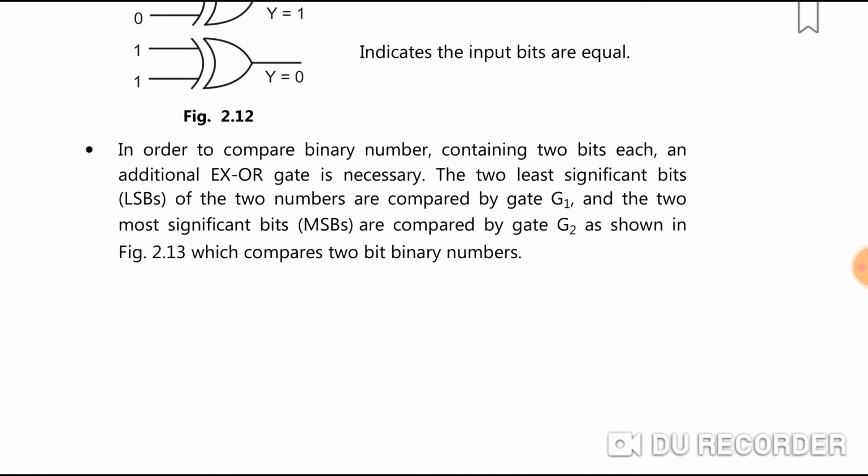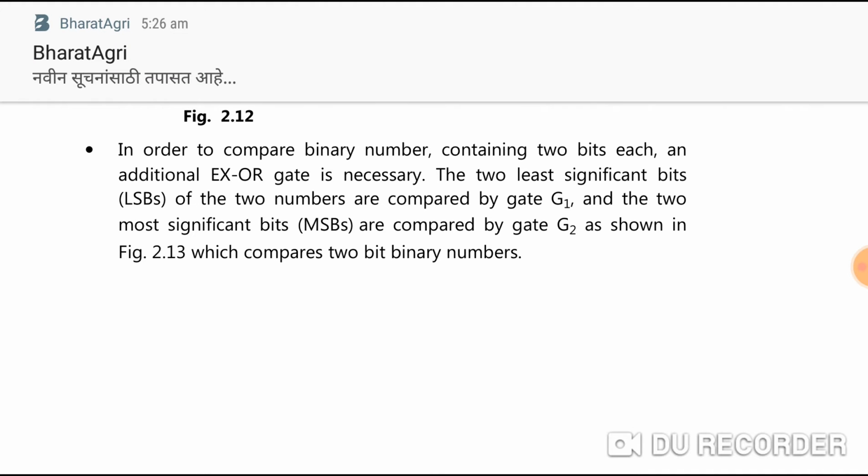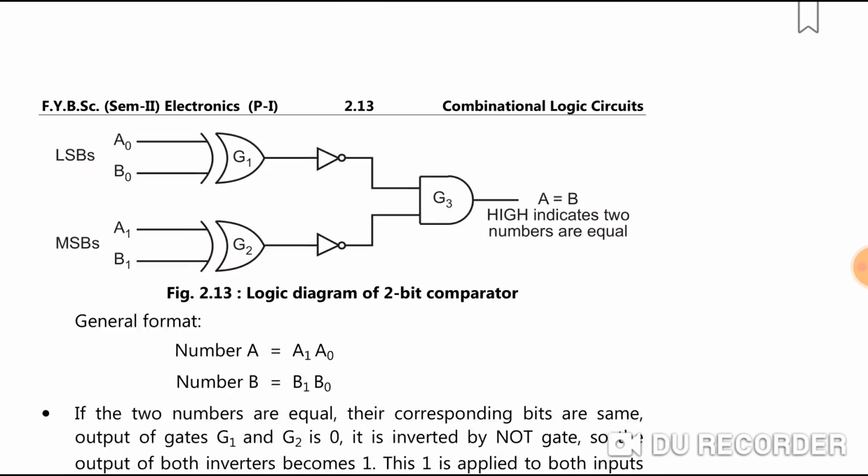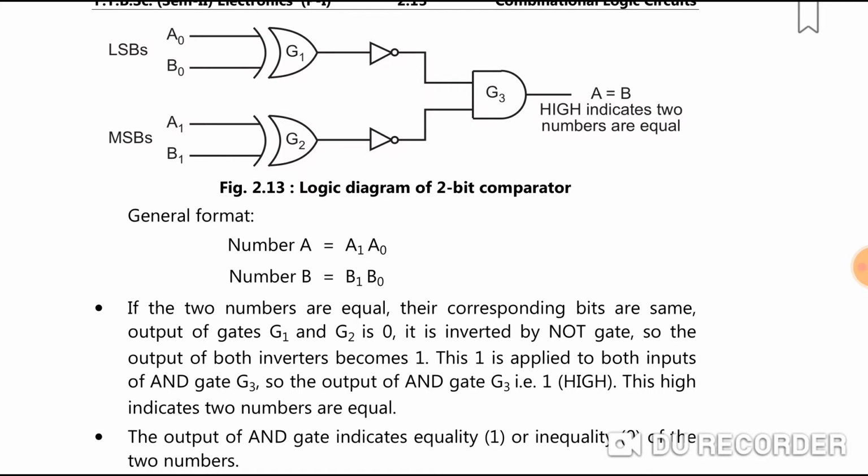In order to compare binary numbers containing 2 bits each, an additional XOR gate is necessary. The two least significant bits, LSBs, of the two numbers are compared by gate G1 and the two most significant bits, MSBs, are compared by gate G2, which compares the 2-bit binary numbers. The outputs of G1 and G2 are inverted and fed to the AND gate G3.